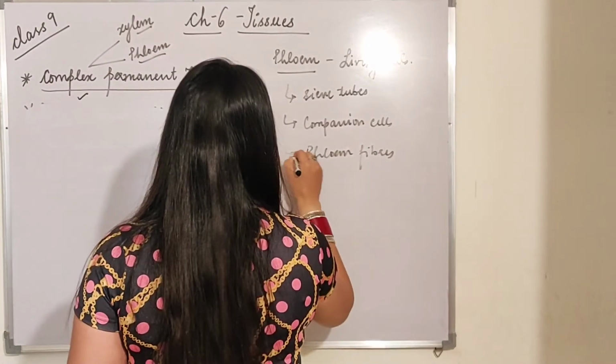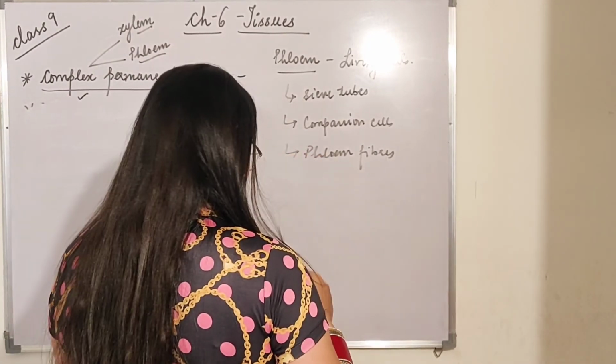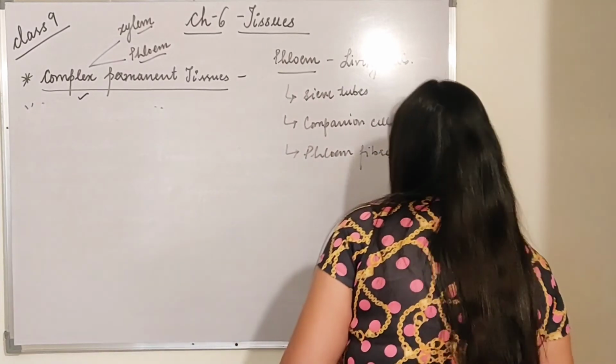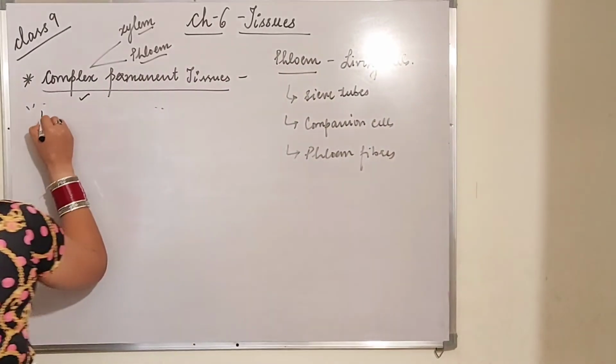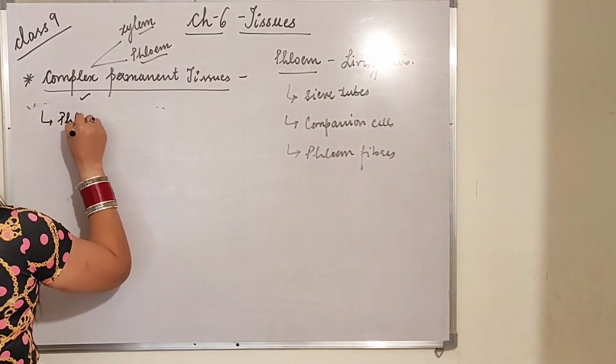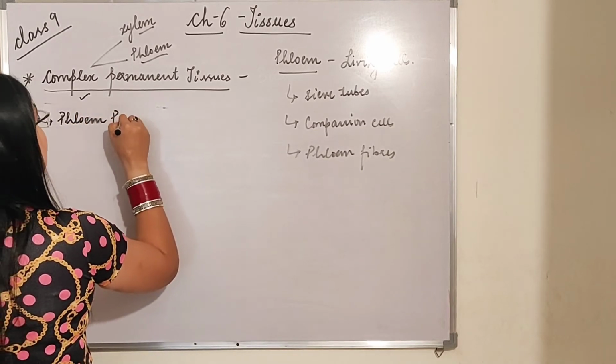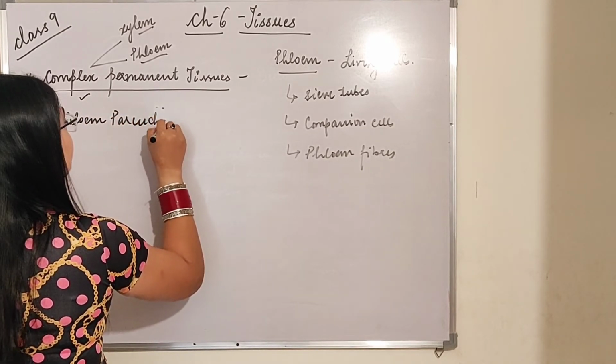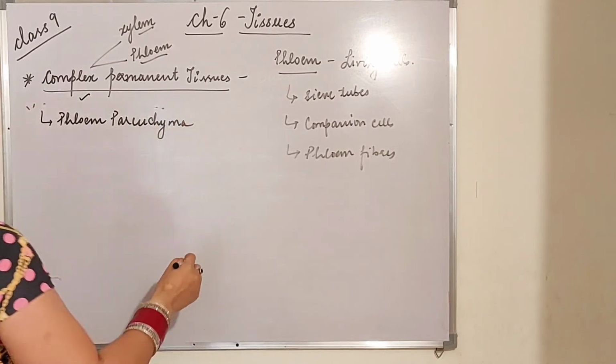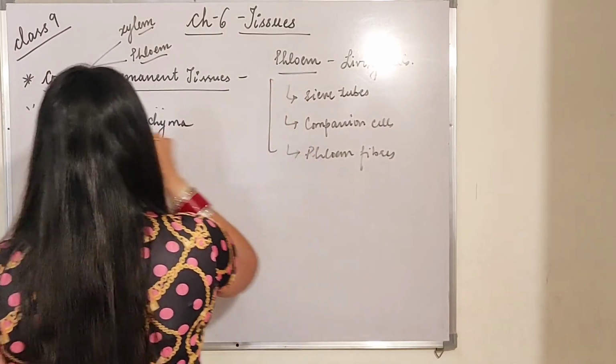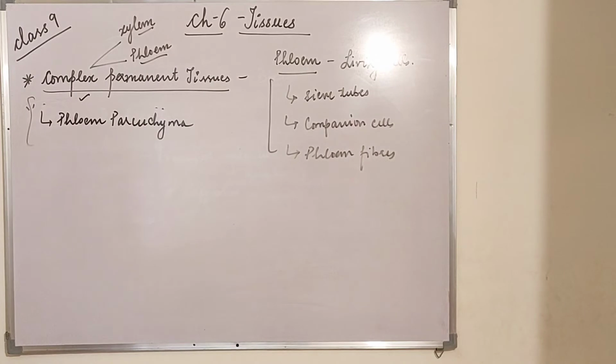The last one is phloem parenchyma. So these are the four types of elements in the phloem: the sieve tubes, companion cells, phloem fibers, and phloem parenchyma.